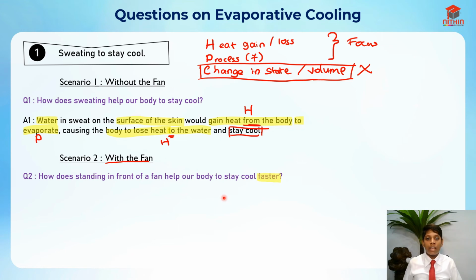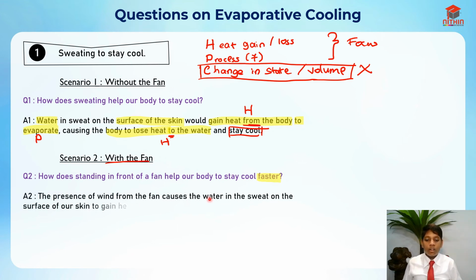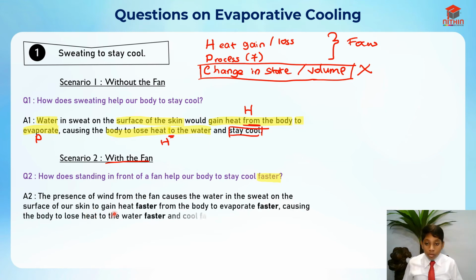Let's take a look at the answer. The presence of wind from the fan causes the water in sweat on the surface of the skin to gain heat faster from the body to evaporate faster, causing the body to lose heat to the water faster and stay cool faster.